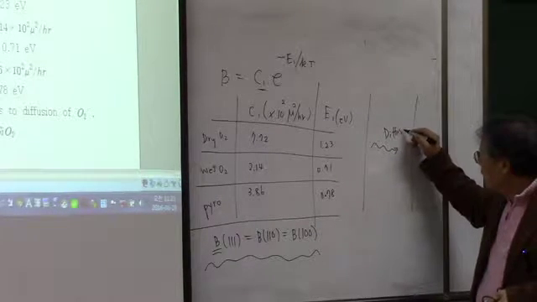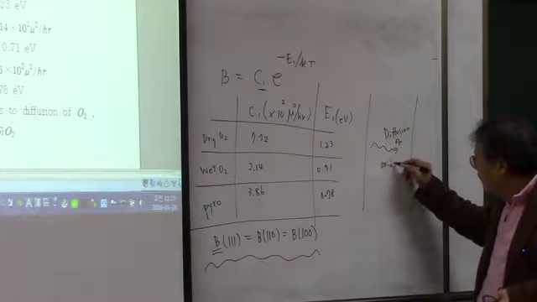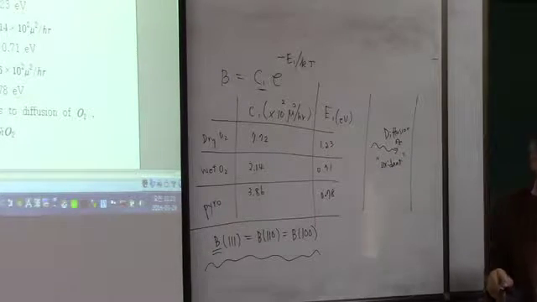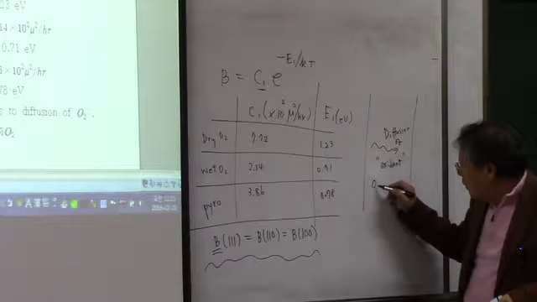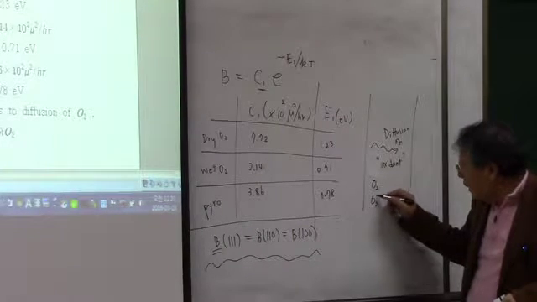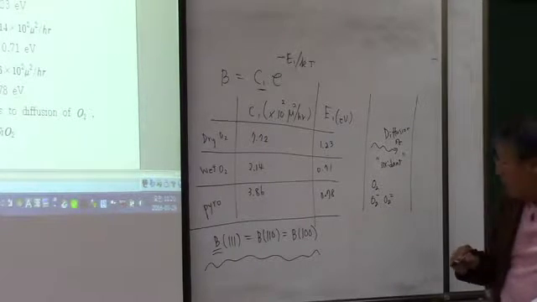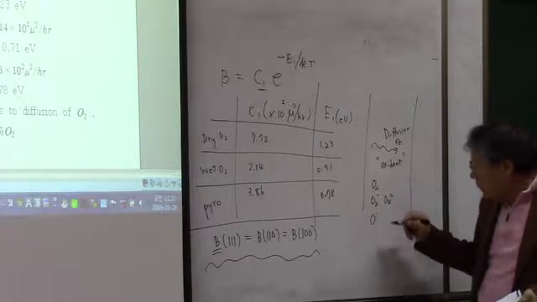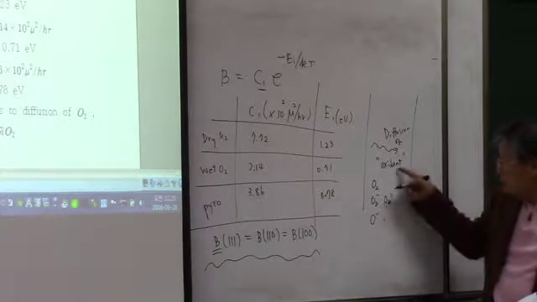Diffusion of the oxidant. We don't know what the oxidant really is. It can be an O2 molecule, O2 minus, or O2 minus minus, okay, oxygen minus, we don't know what that is going to be.